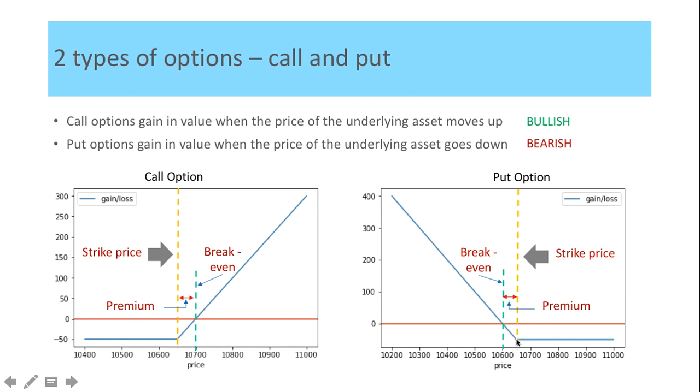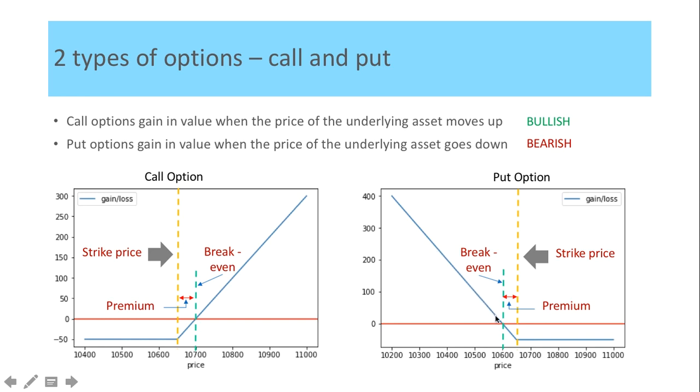So I will start making gain when the price of Nifty falls below 10,650. And at 10,600, I will have a break-even point because on this option I'm making 50, but I've also paid 50 to purchase this option. So at 10,600 will be my break-even point, after which my gains will be linear, which is this entire range here.